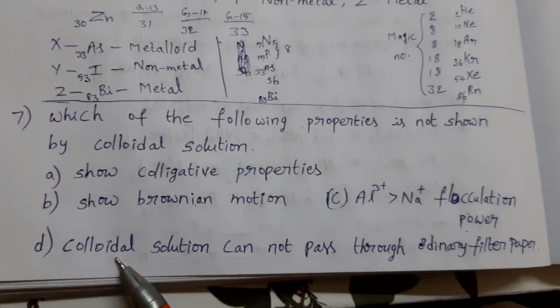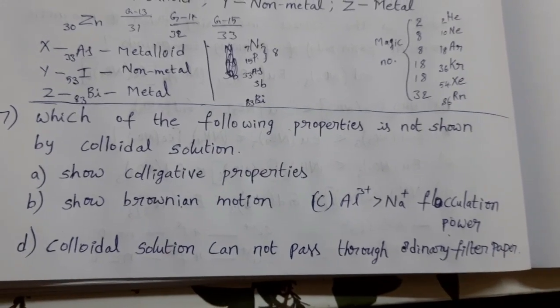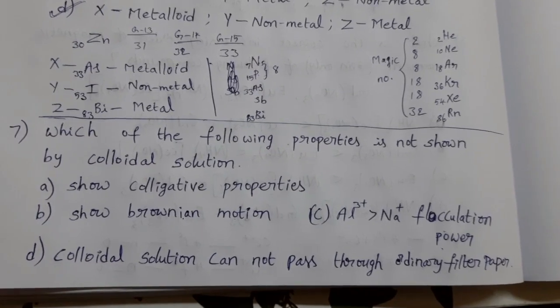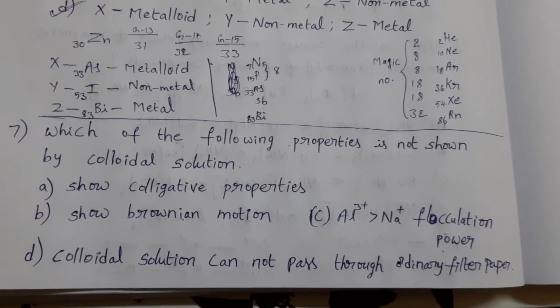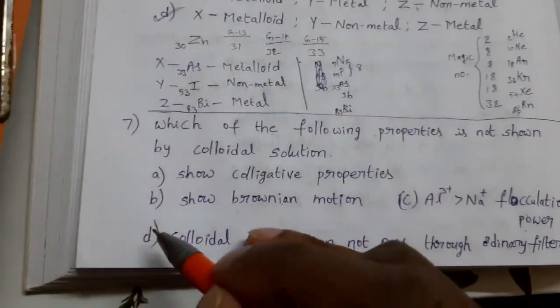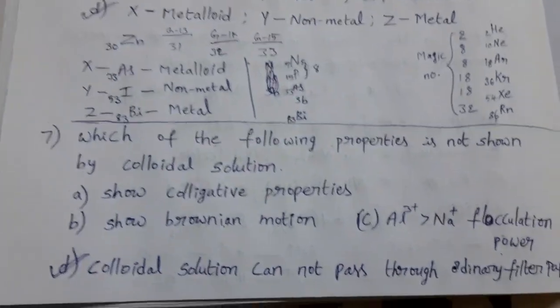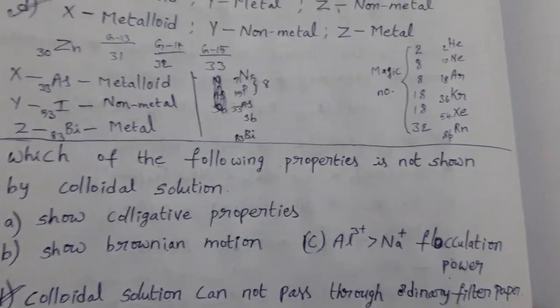Next, colloidal solution cannot pass through ordinary filter paper. This is wrong. Colloidal solution can pass through ordinary filter paper. So option D is the answer. This is not related to colloidal solution. This is a wrong statement. Next, see the next one.